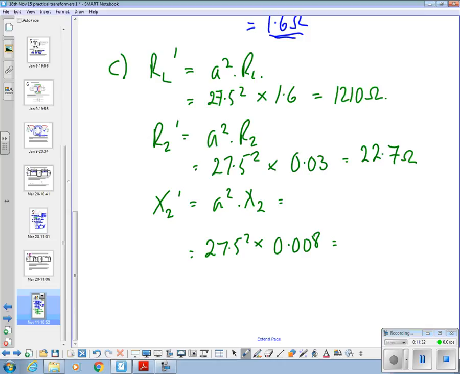I have that wrong. I got them the wrong way round. That is actually, because that's the value of X2, my worked solution is now completely wrong, but never mind.